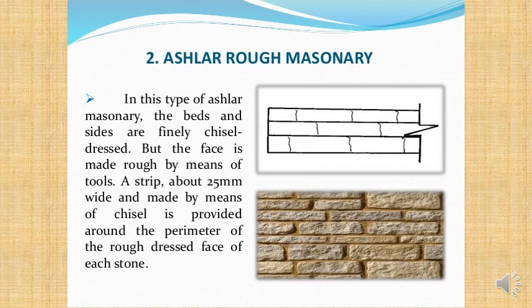Now, rough ashlar masonry is basically a compromise between rubble masonry and fine ashlar masonry. So in this case, we're not cutting the rock in 3 dimensions, we're cutting it in only 1 dimension.